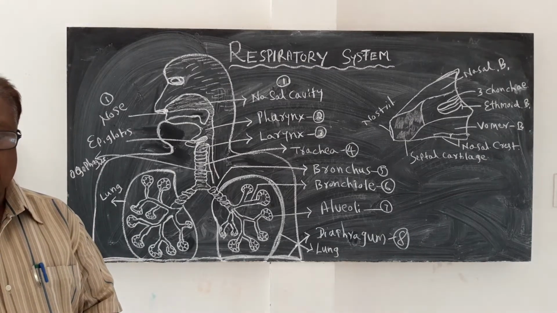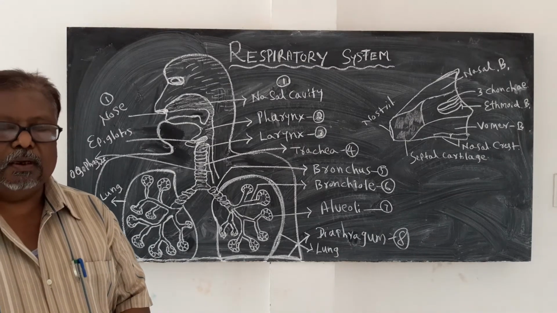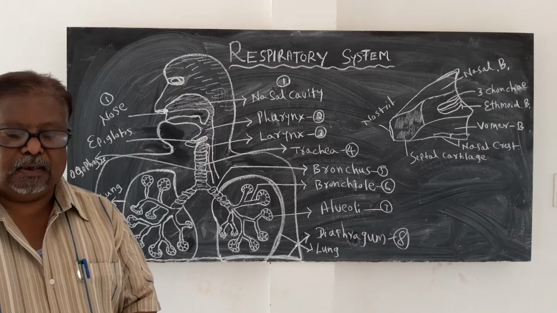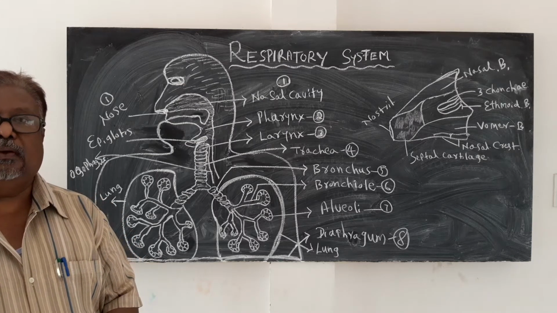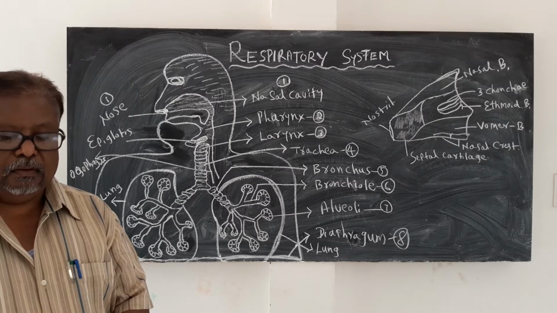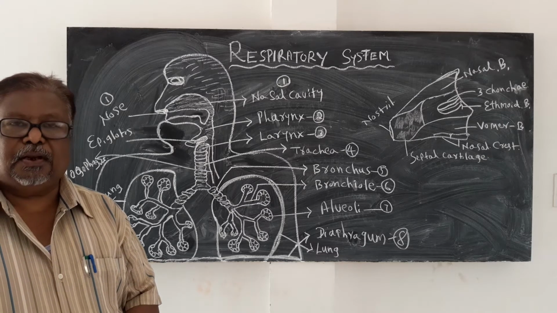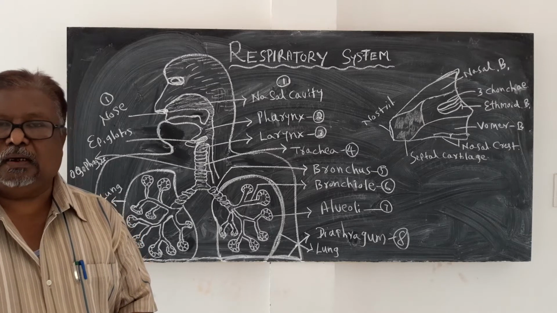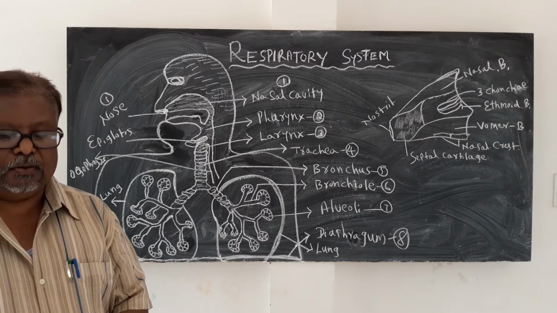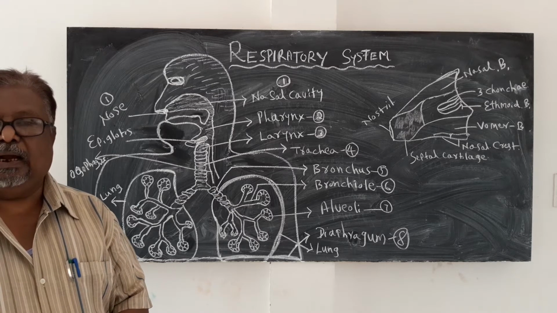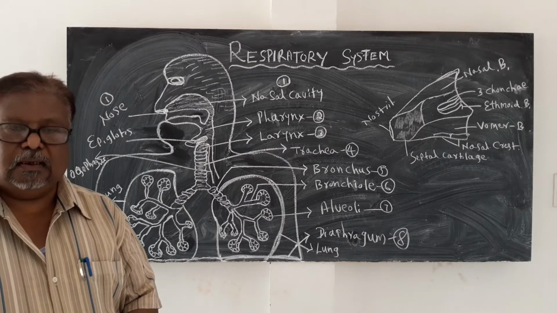So all these students of different courses should remember that there is a chapter called respiratory system, wherein the respiration occurs. So today we are going to study about this system and the organs involved in this system.